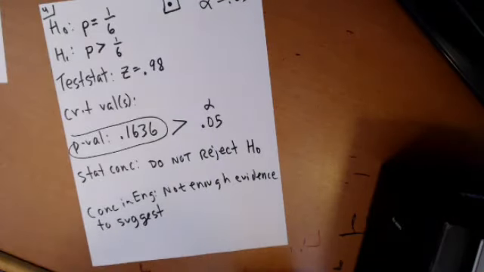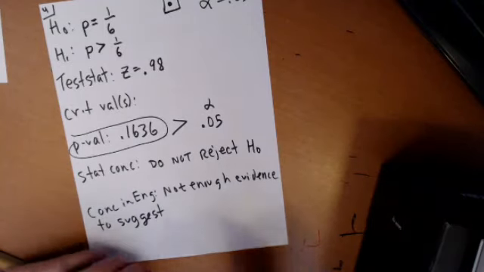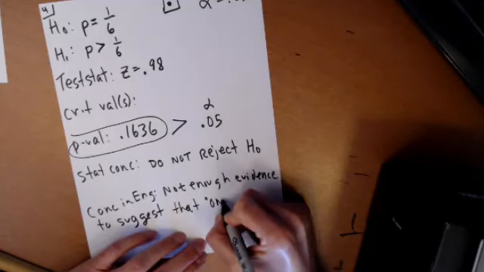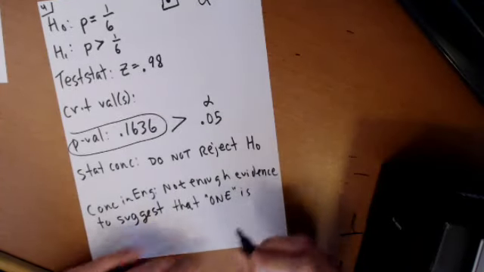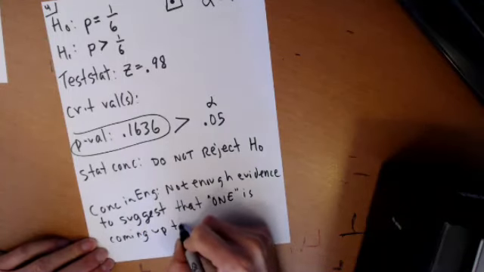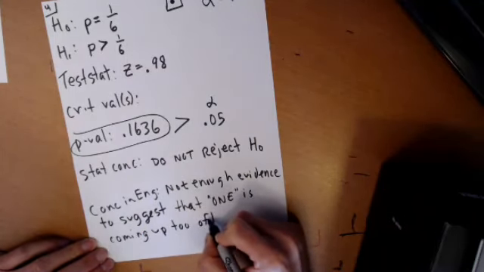So if you just put it into words, plain English, not enough evidence to suggest that, call it 1, is coming up too often. I'm using the wording they sort of used.